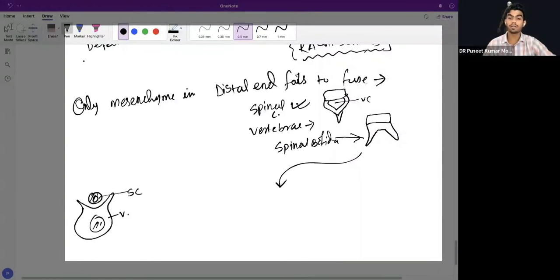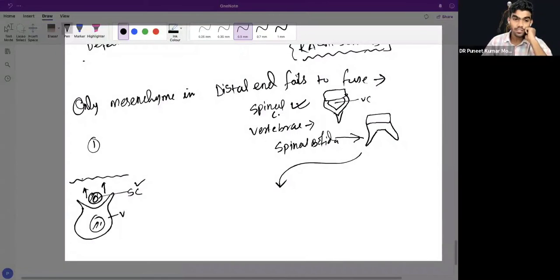This is the vertebra. Okay, here is your skin. Now, here is a condition where the spinal cord is okay, only the vertebral spine is not fused and the spinal cord is in the correct position. It does not bulge towards the surface. Okay.